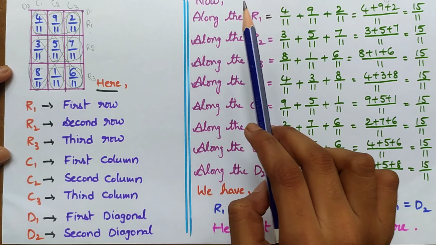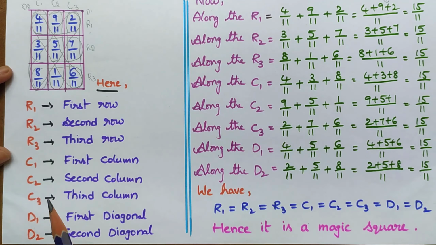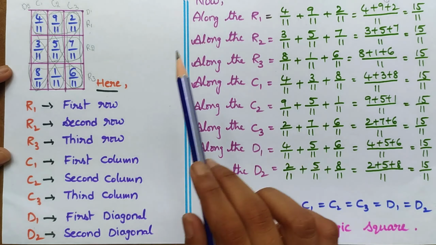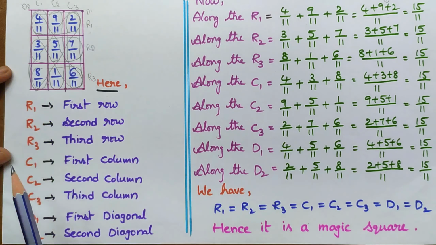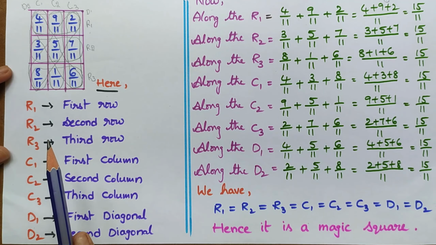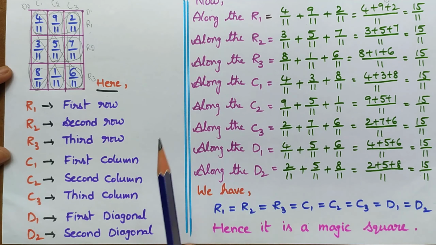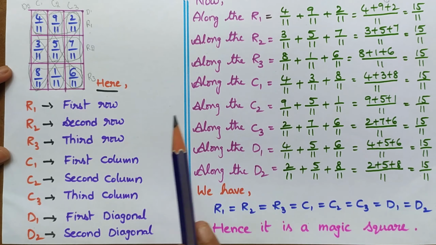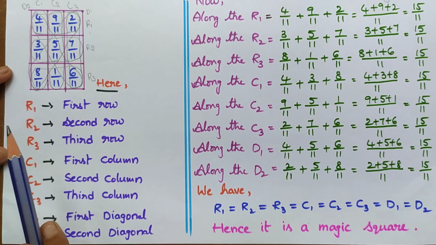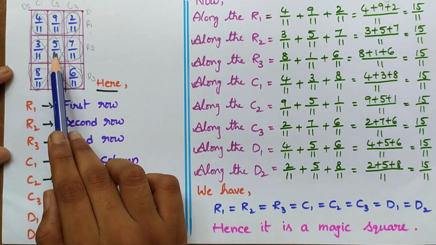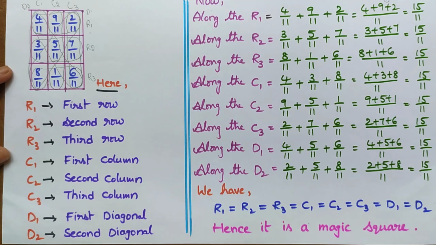So along R1, that means the elements in R1, the sum of elements in the first row is 15 by 11. And now let us see R2, that is the second row. Elements in R2 are 3 by 11, 5 by 11 and 7 by 11.